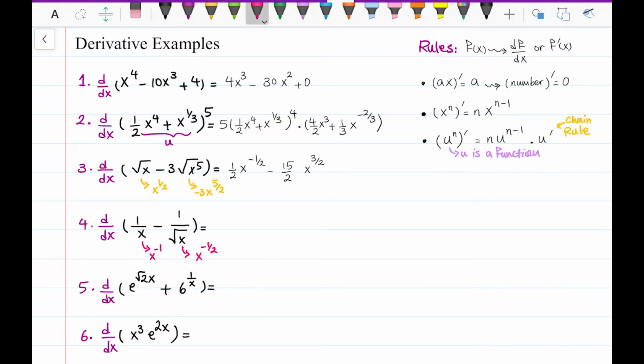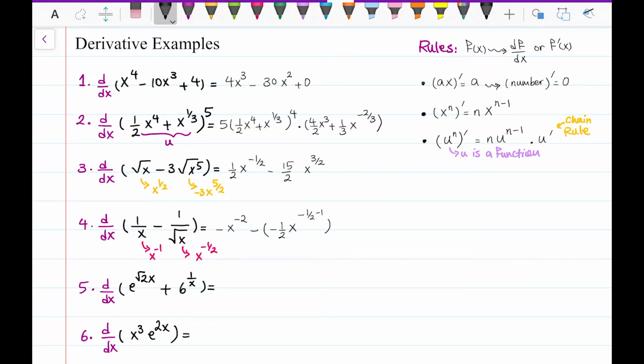Perfect. Now I can use power rule again. So derivative of x to the negative 1 would be negative x to the negative 2. Then I have a big minus because of this. Then I get negative 1/2 x to the power of negative 1/2 minus 1, minus 1.